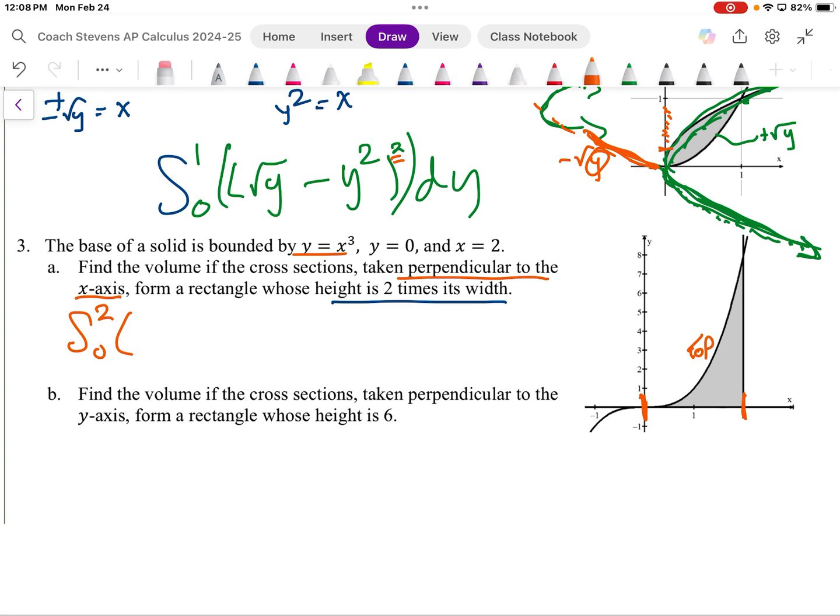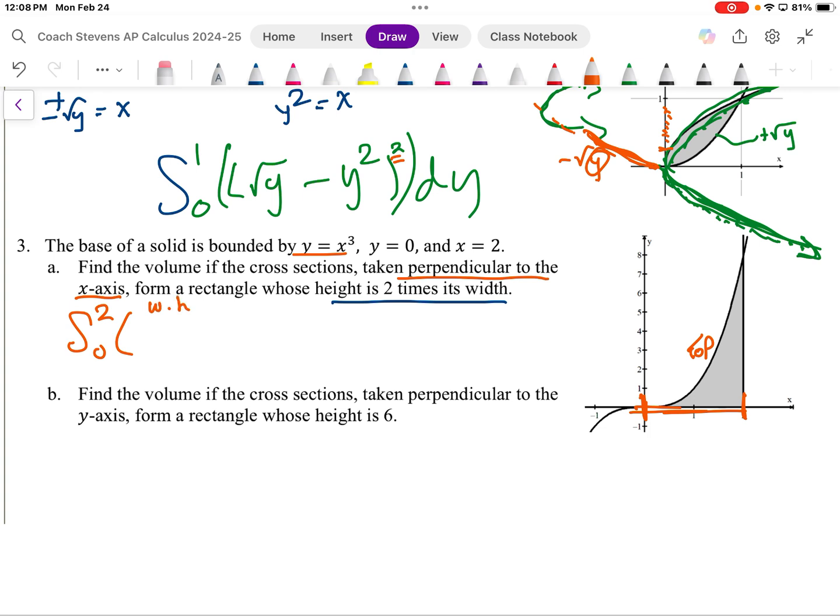And then technically what's on the bottom? Well, we don't have to worry about that. We're doing width times height.